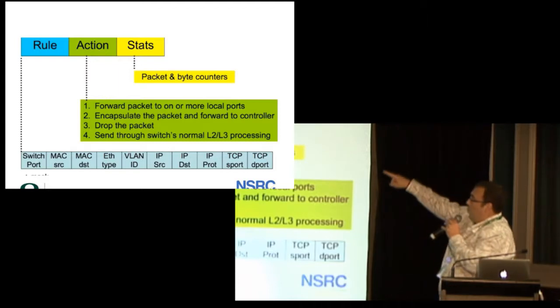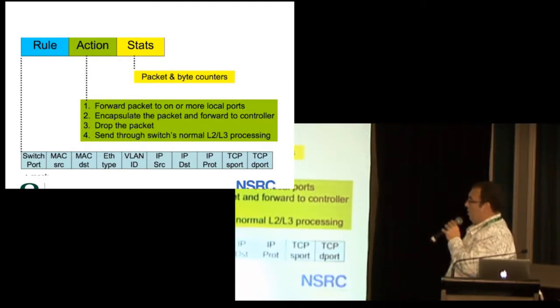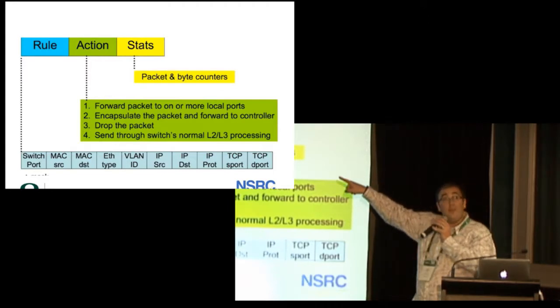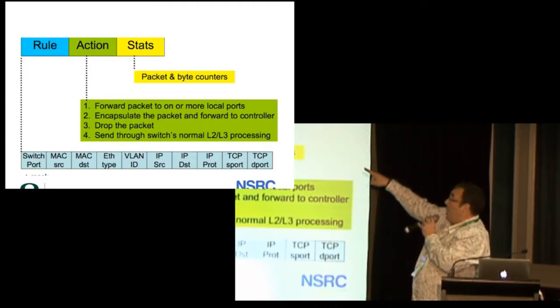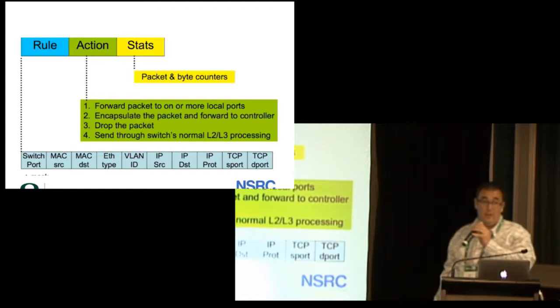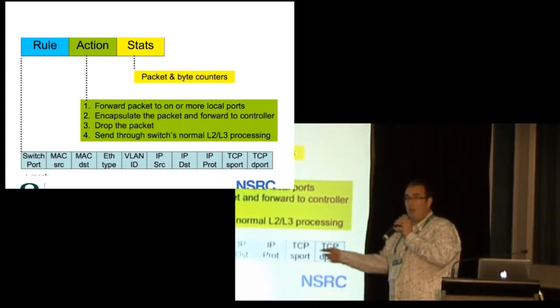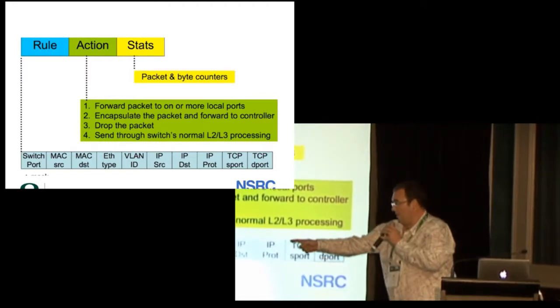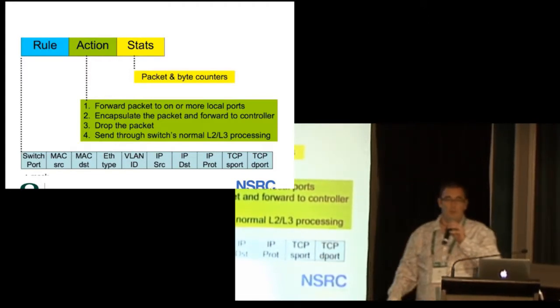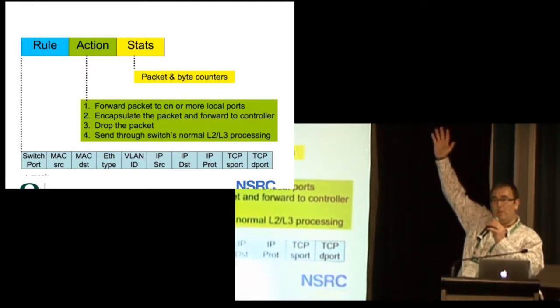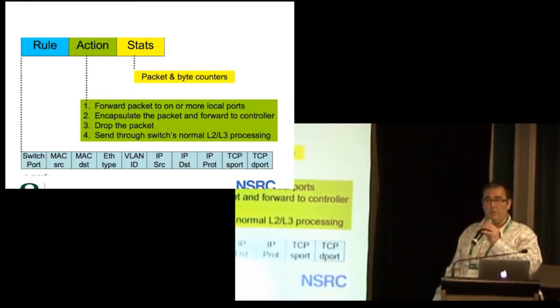So here's what a flow rule looks like. It's got a rule spec, it's got an action or a set of actions associated with it, and it's also got some stats, okay? So the rule here, I can match on any number of a multitude of things. Who was in Jeff Houston's talk this morning? Hearing him talk about what's special about 512.